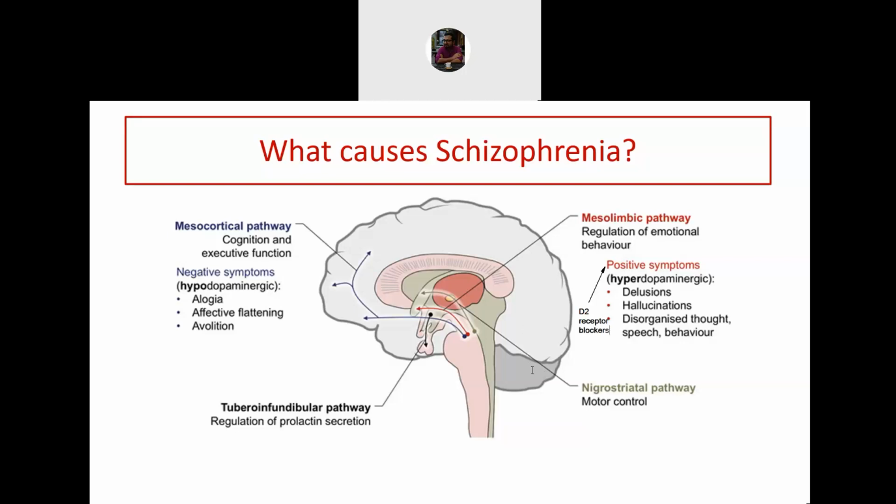In some special cases, we need to elevate the dopamine in the mesocortical pathway to relieve the negative symptoms. This is done by a special category of drug known as sulpiride or amisulpiride, which can increase dopamine selectively in the mesocortical pathway and therefore relieve the negative symptoms.